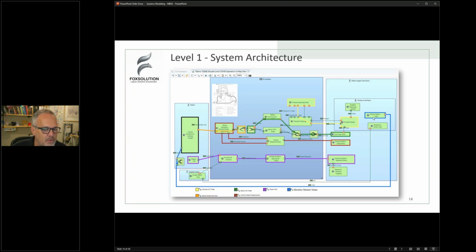As an example, we're saying in this case that monitoring the patient vitals is going to be done as a process by the clinician in the room. It's not going to be done by the ventilator. And just as an example, if we wanted to break pulse oximetry out from this vitals measurement and put it in the device, we would have a box here that would say, functionally, we need to measure the oxygen level of the patient.